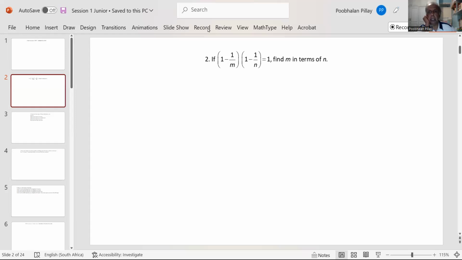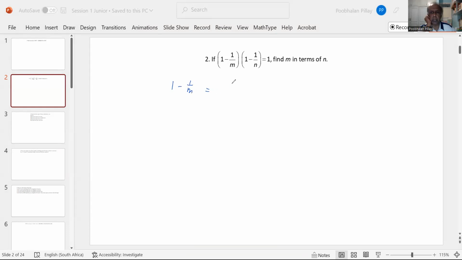So we had 1 minus 1 over m equals 1 over 1 minus 1 over n. I don't like fractions. So to get rid of these fractions, you want to multiply this entire thing by n, right? The common denominator, which is n. But you must multiply both the top and the bottom.